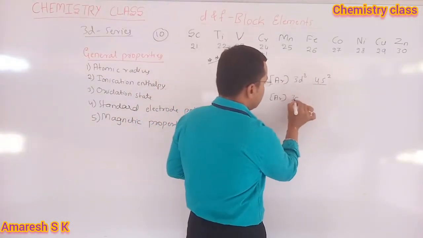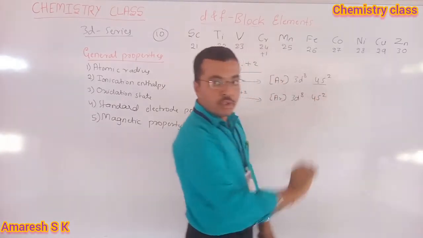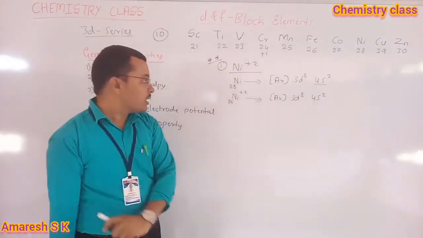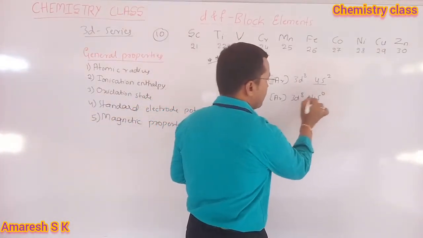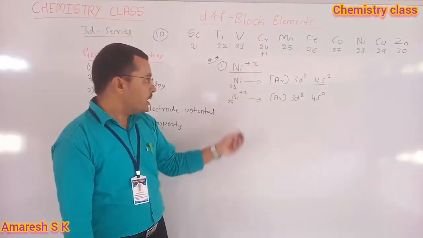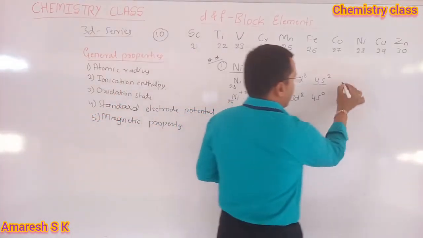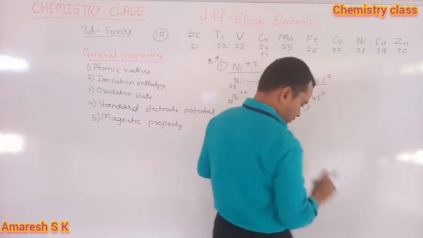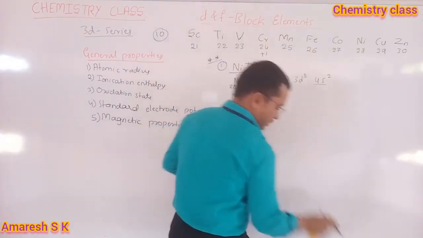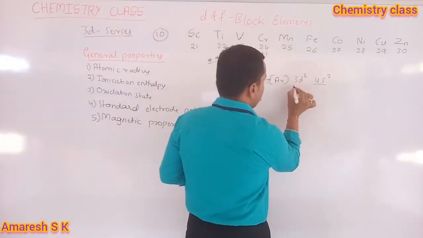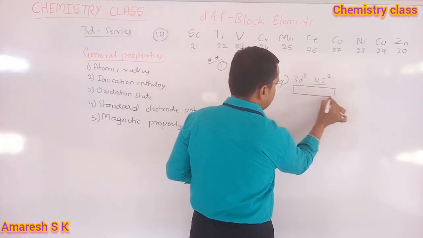Next, 3d8 4s2 is the electronic configuration of Ni, and 3d8 4s0 is the electronic configuration of Ni plus 2. Allot the electrons here.